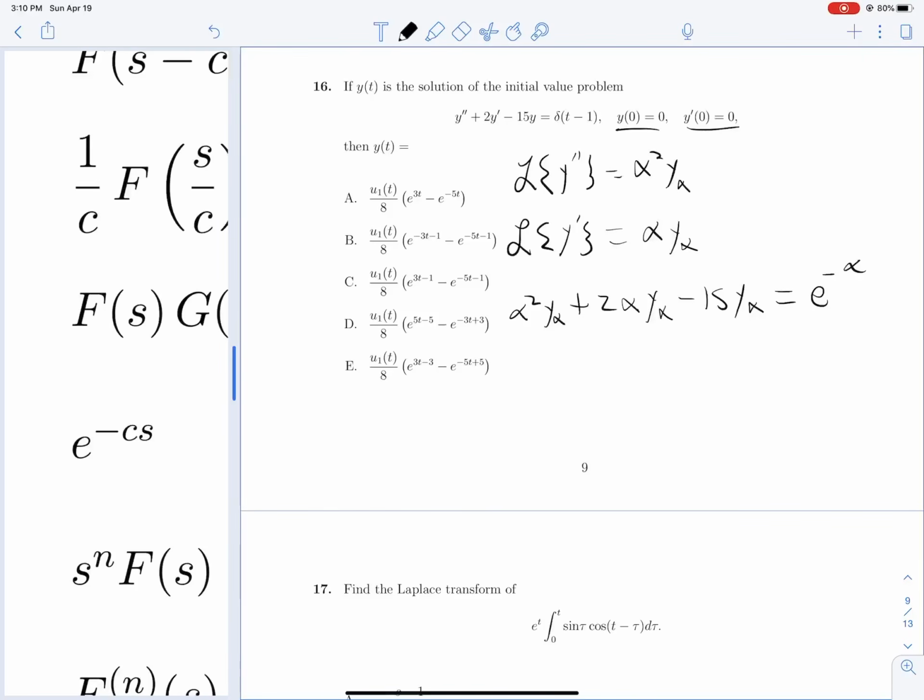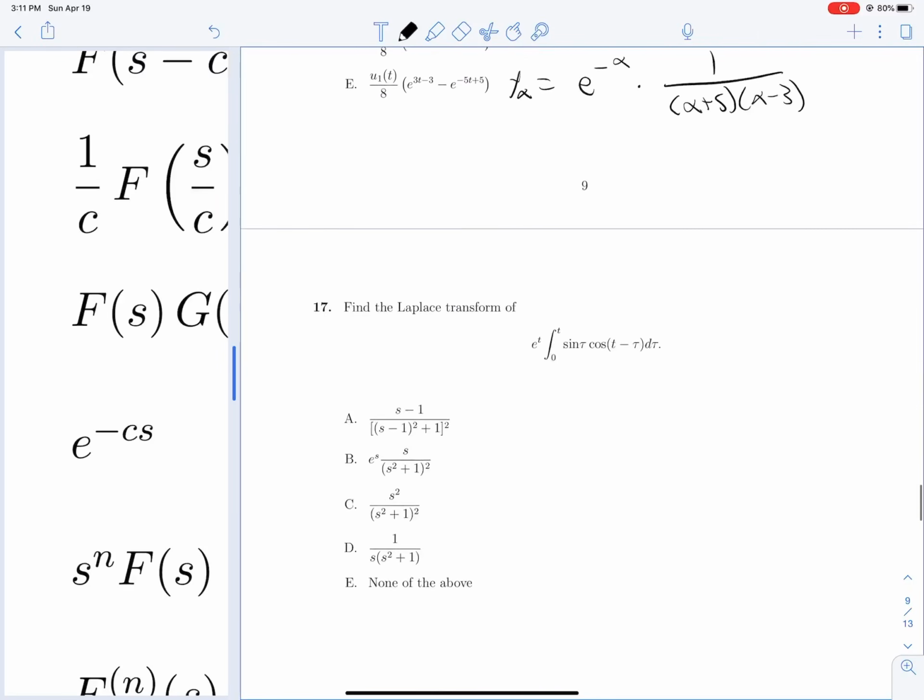So factoring out a y alpha and dividing, we'll see that y alpha is equal to e to the negative alpha multiplied by 1 over alpha squared plus 2 alpha minus 15, which we can factor to alpha plus 5, alpha minus 3. If we can do a quick little partial fraction on this, we should be good to go, and we'll have everything in a form that we can deal with.